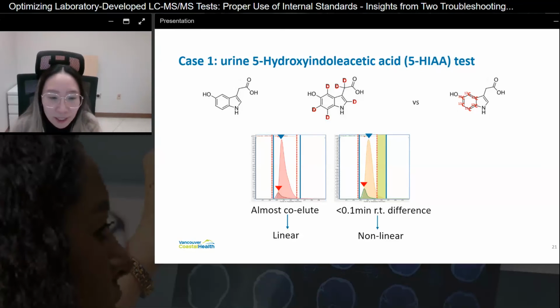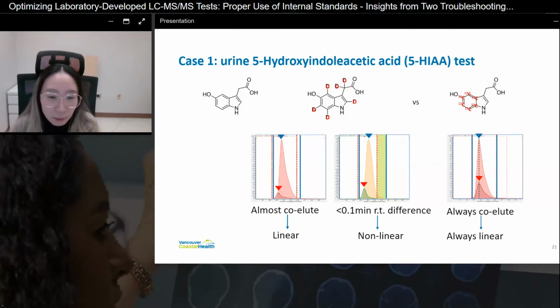But on a bad day, a slight, even less than 0.1 minute separation between the peaks means that the internal standard wasn't fully correcting for the matrix effect or ion suppression. By switching to the carbon-13 labeled standards, we avoid these very small shifts in retention, which provides a consistent calibration curve.